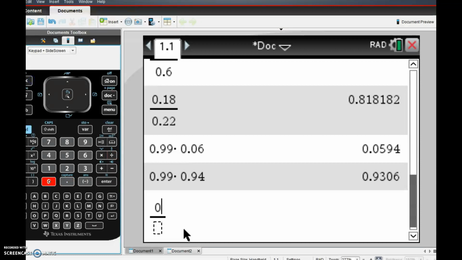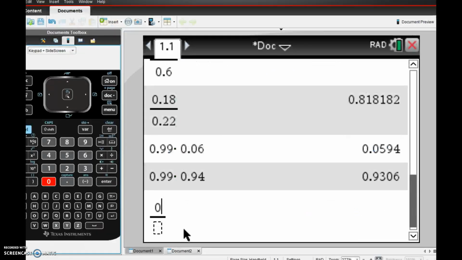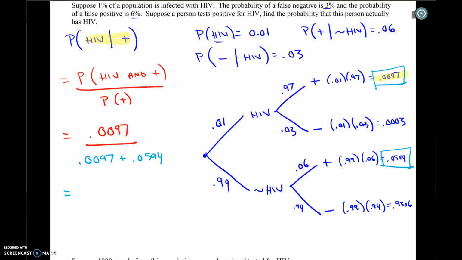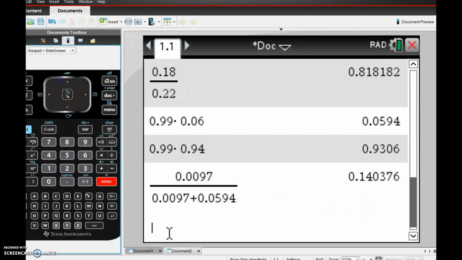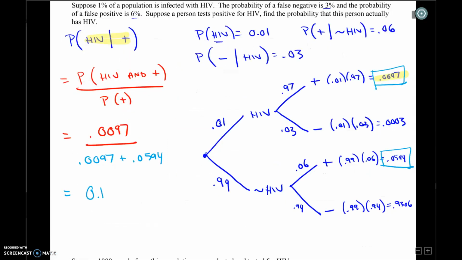There's no way I got that right. Enter. 14%. That's it.